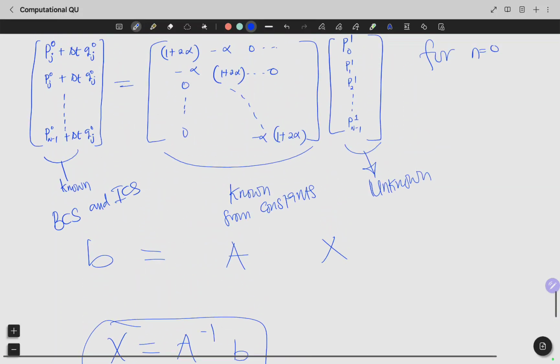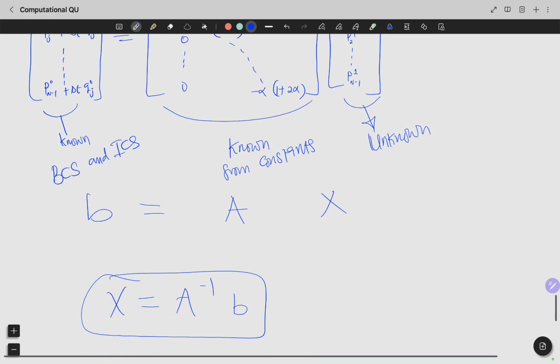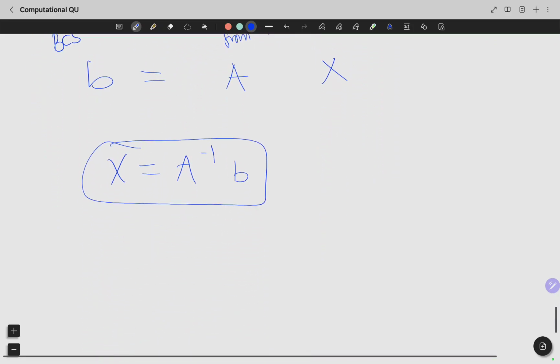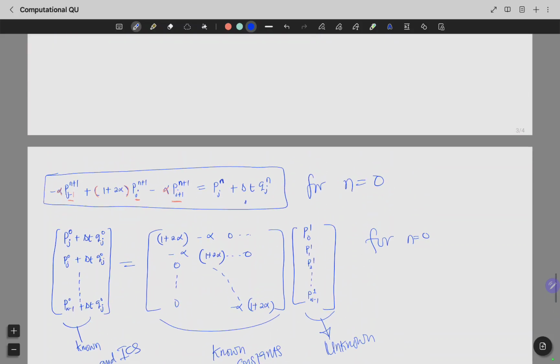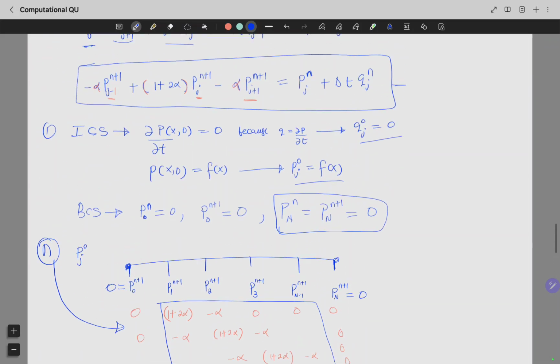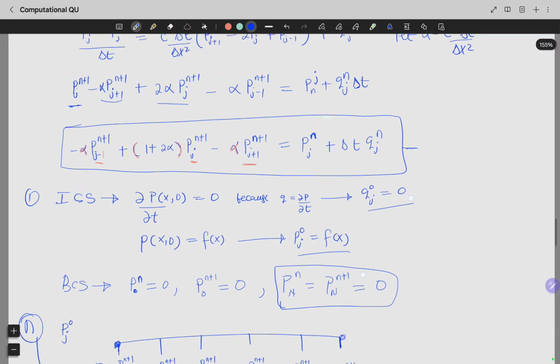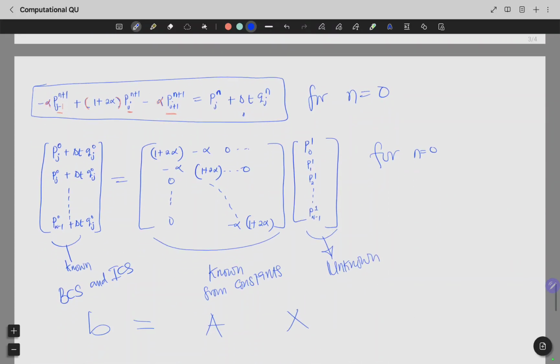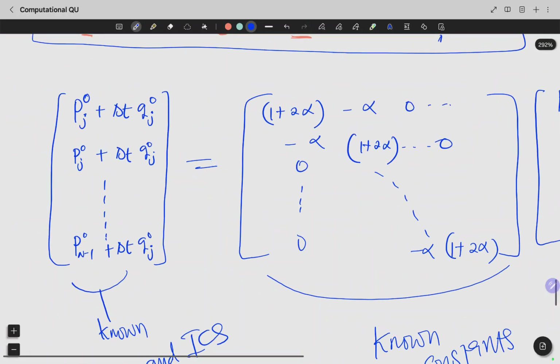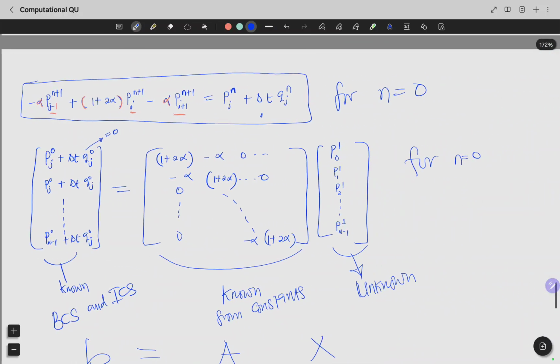Now in the boundary conditions, this Qj0 is 0. So when you go to the boundary conditions, you will have in the beginning Qj0, so you set this to 0.